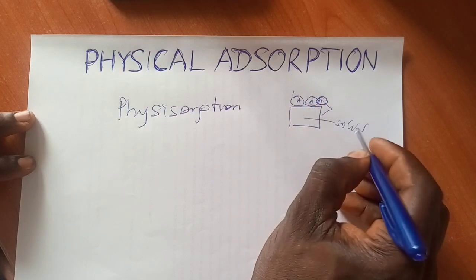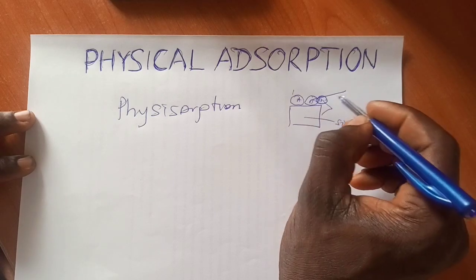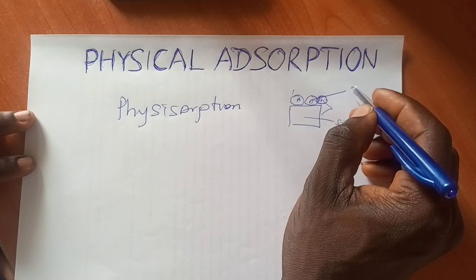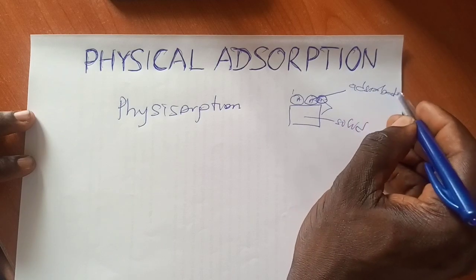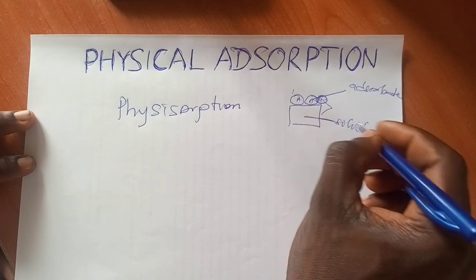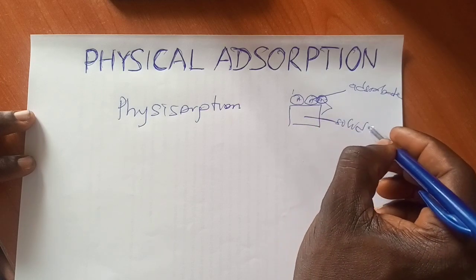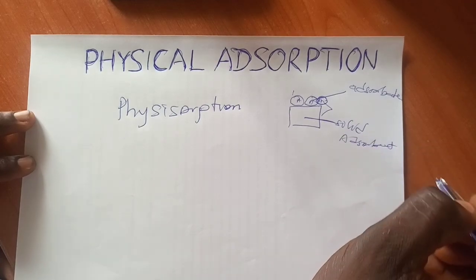The molecule that is being adsorbed on the surface of the solid is called the adsorbate, while the solid that receives the molecule is called the adsorbent. You can watch the video to understand.